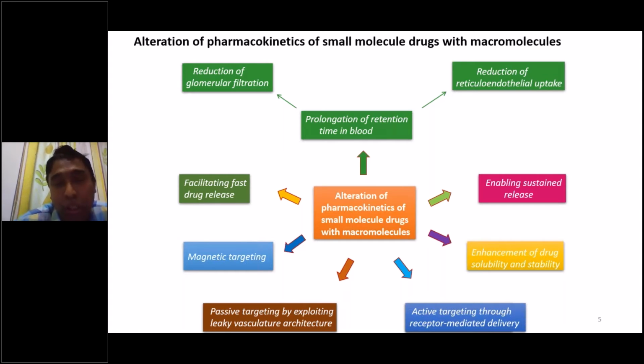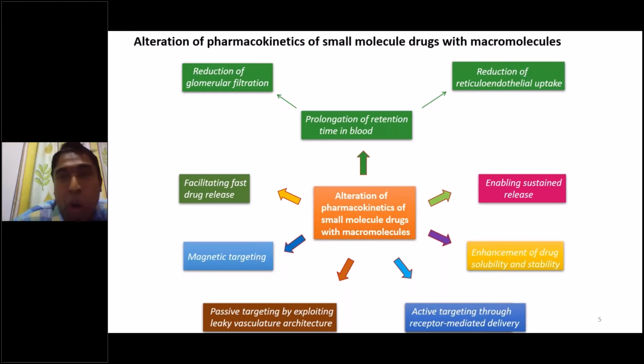So then how can you control the pharmacokinetics, the distribution of the small molecule drugs, because I told before that they distribute all over the body? So one is the green box showing. With nanoparticles, we can increase the retention of the small molecule drugs in blood. That means we can increase the half-life of the small molecule drugs, because nanoparticles are bigger and they remain a long time in the blood circulation.